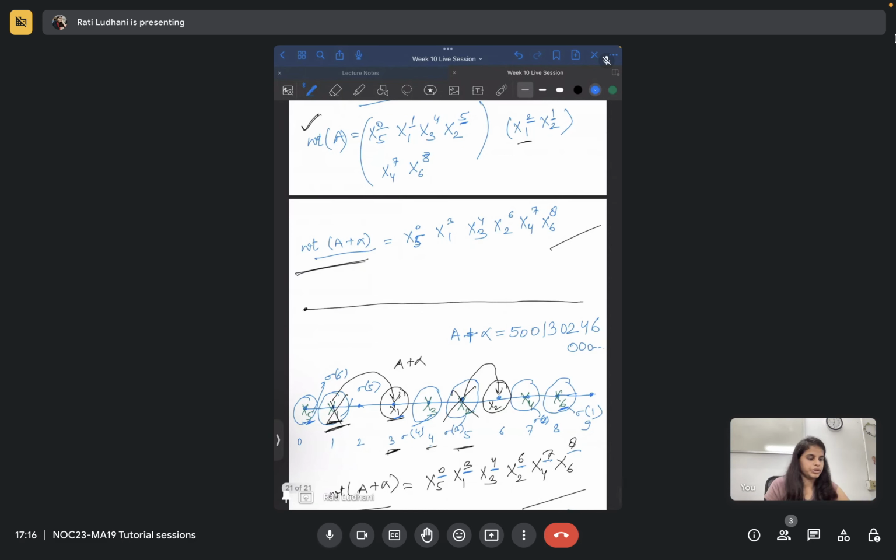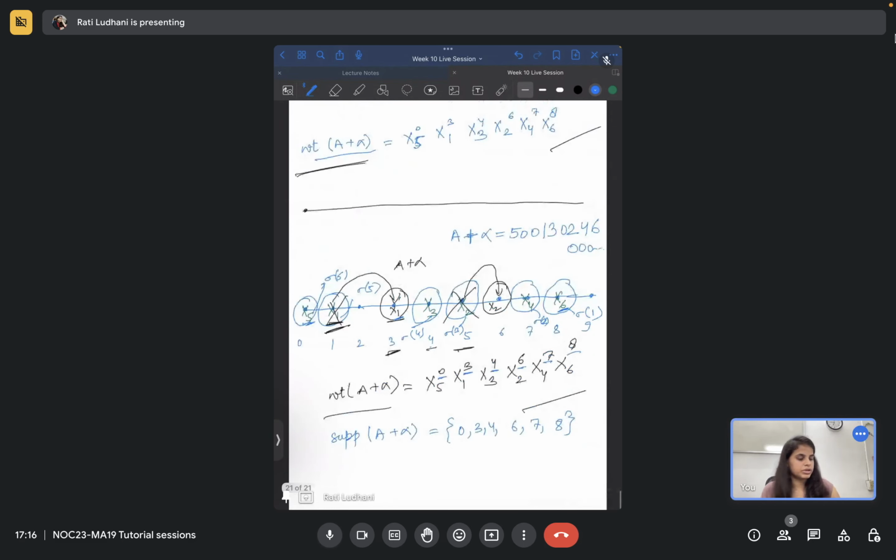Okay. So support of a plus alpha, as I've written, will be this, and shape of a plus alpha will be what? Now you have the support, and you subtract it with 5, 4, 3, 2, 1. So you'll get 8 minus 5 is 3, 7 minus 4 is 3, 6 minus 3 is 3, 4 minus 2 is 2.